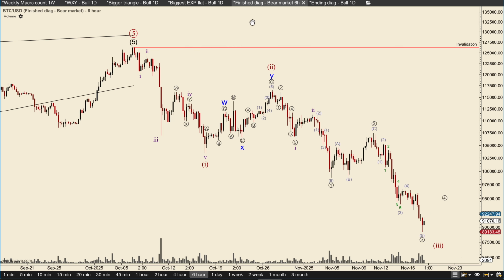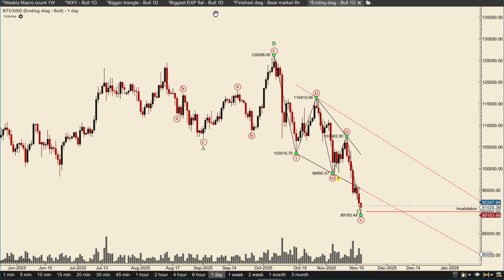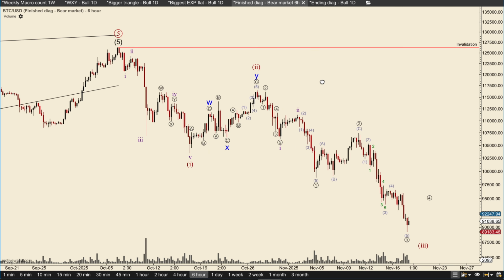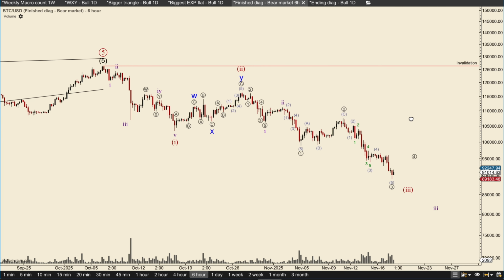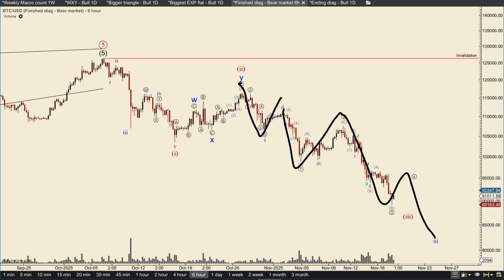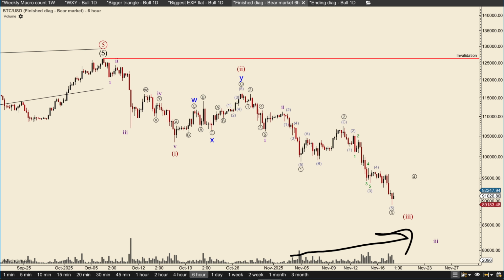What are the probabilities for all of these scenarios? Well, it is very interesting. This is invalidated. So if we move on to the expanded flat, and compare that to the ending diagonal bear market count, where we are looking for way lower prices, this is very interesting because if you are looking for a 1, 2, 1, 2, and then 3, 4, and 4, 5, and so on, you want to have an increased amount of volume when we are moving down.